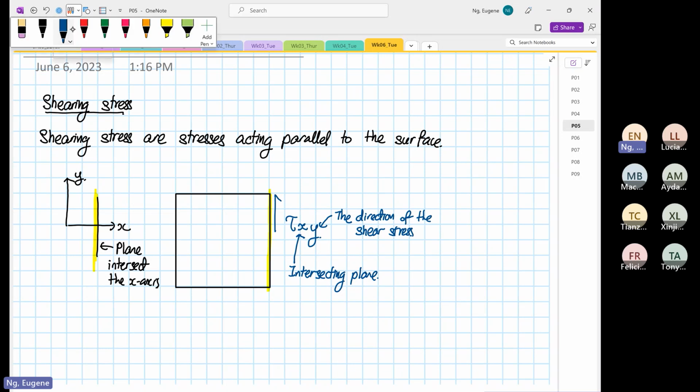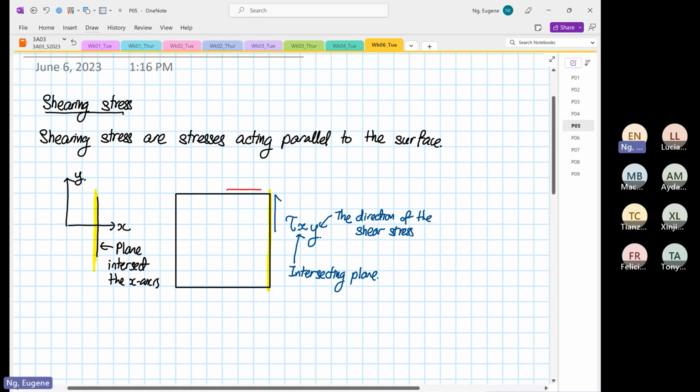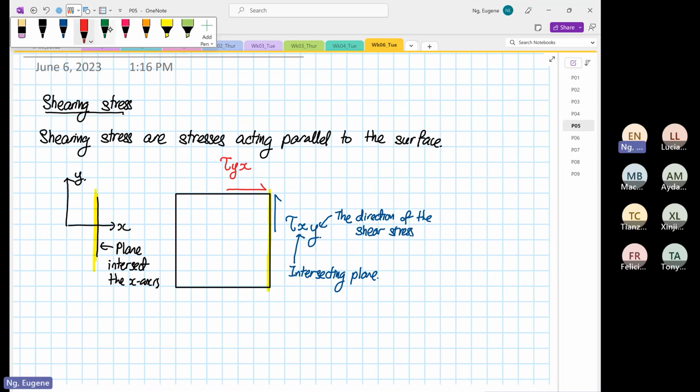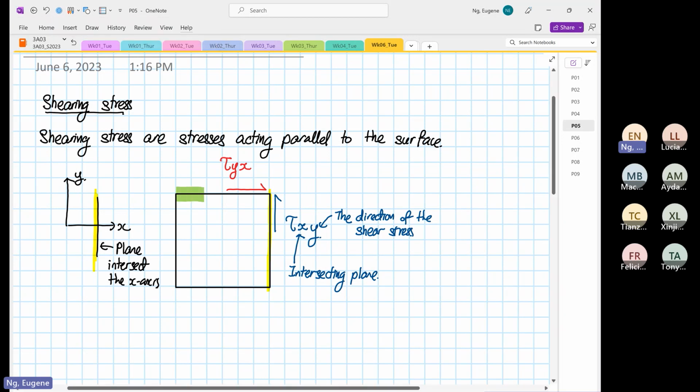So if we were to draw another arrow over here, right, this is known as shear yx. Okay, and why is that? Because the plane intersecting the transformation is intersecting the y-axis. So I'm going to highlight this in green, right?